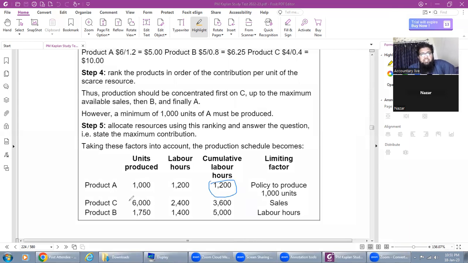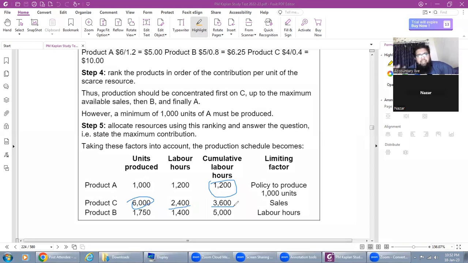Then we produce product C, 6,000, which is our maximum demand for product C, so we are producing 6,000 in full. Labor hours is 2,400. So now 1,200 plus 2,400 is 3,600.